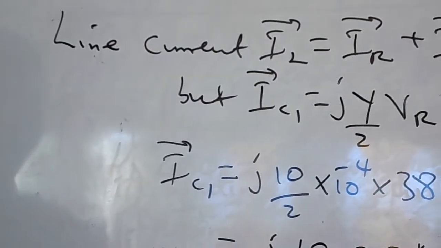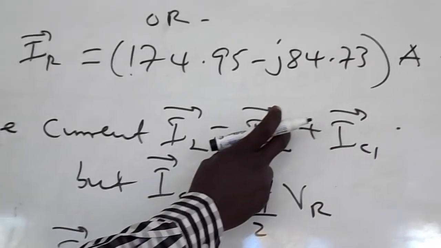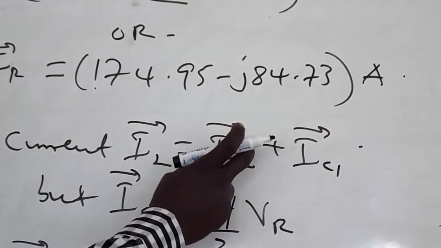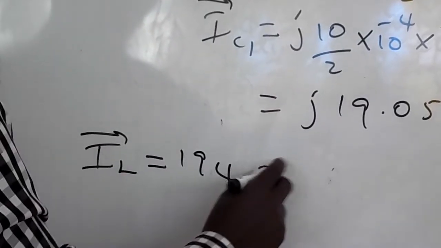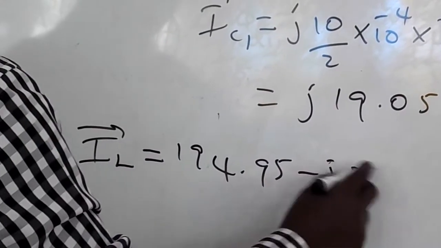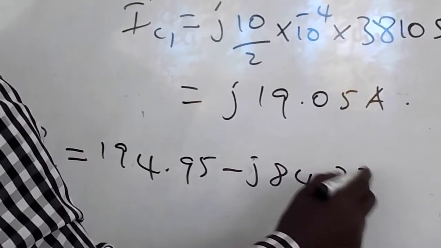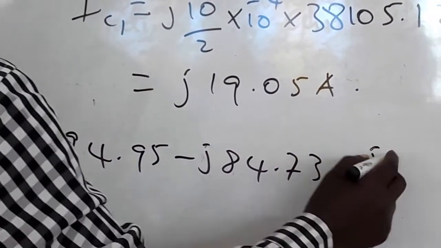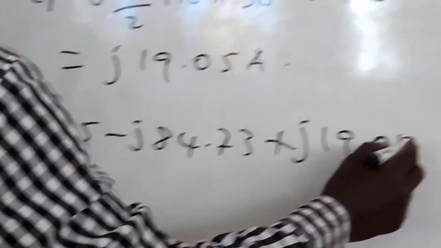So that now I can substitute this into the equation for the line current. The line current is equal to the load current, which is actually our receiving end current, 194.95 minus j84.73 plus j19.05.